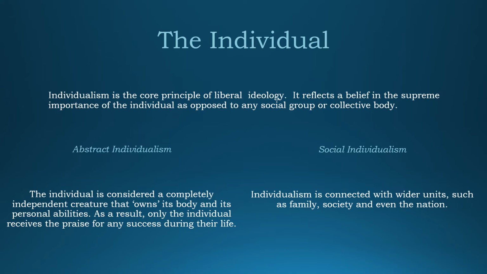So the individual is considered a completely independent creature that owns its body and its personal abilities. As a result, only the individual receives the praise for any success during their life. Social individualism, on the other hand, connects individualism with wider units such as family, society, and even the nation.